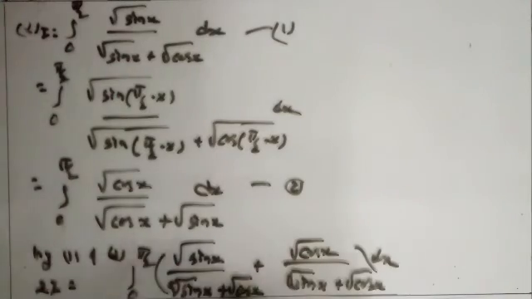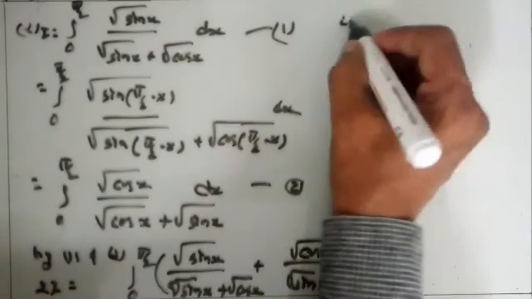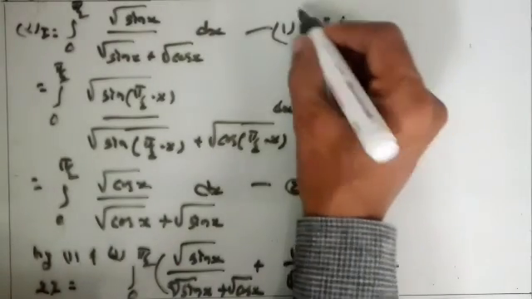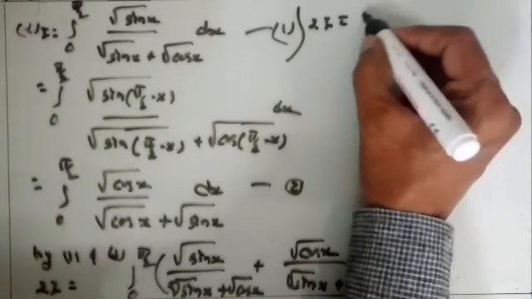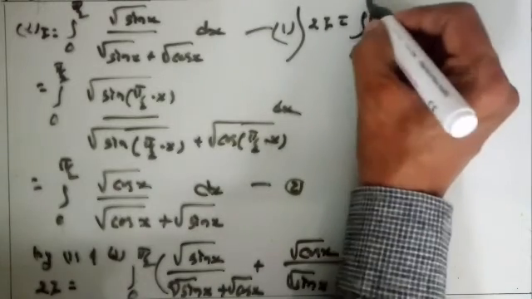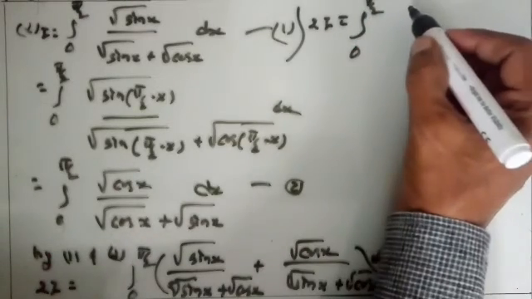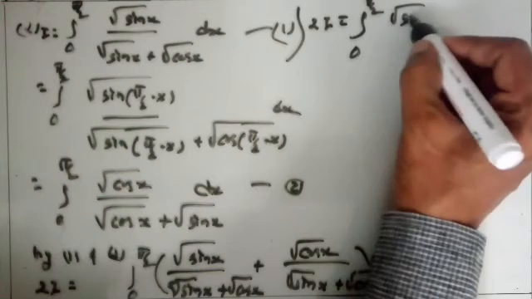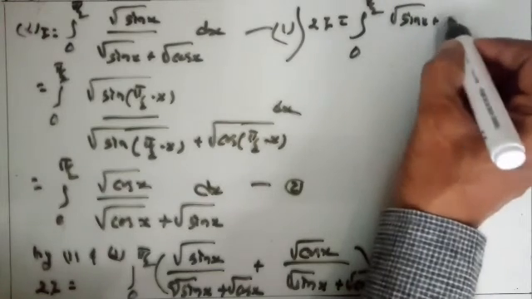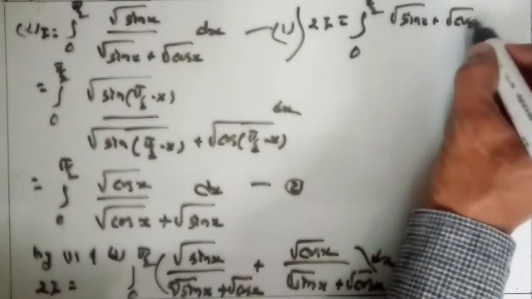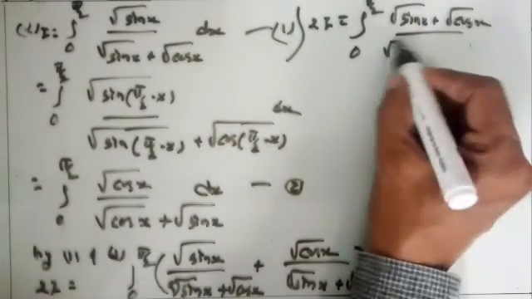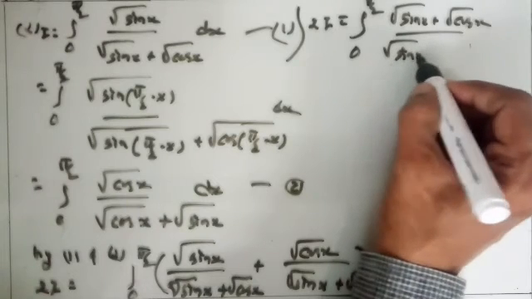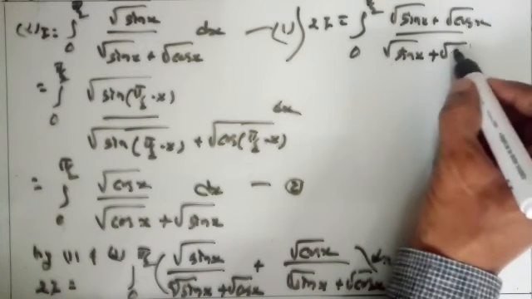Now take the LCM. So here we get 2I is equal to the integration 0 to pi by 2 of root of sin x plus cos x upon the same root of sin x plus cos x. Clear?